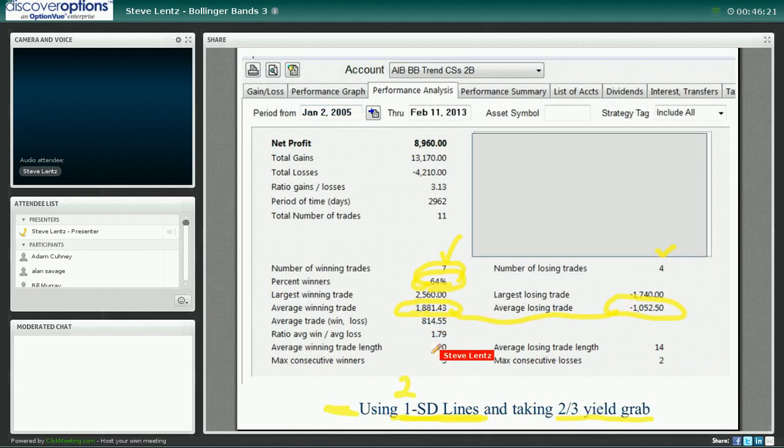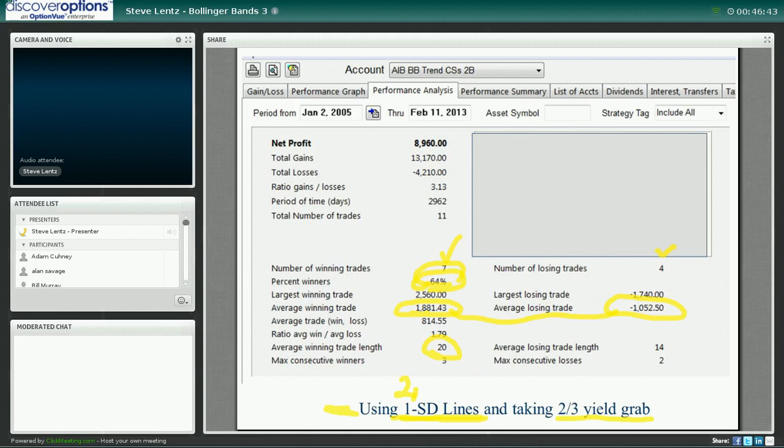Now when we go back, look at this, 20 days. The yield grab is shaving off time. Going from a 2 to a 1 line and taking the yield grab, we're shaving off a significant amount of time putting our money at risk in the markets. And that's what's huge here.